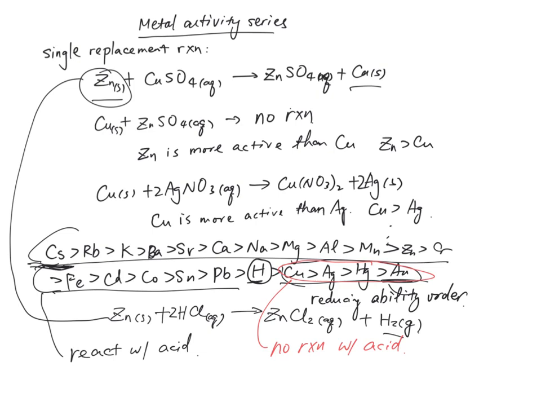There's essentially two different ways of me testing you on metal activity series. Number one, given activity series, predict chemical reactions. What do you mean?